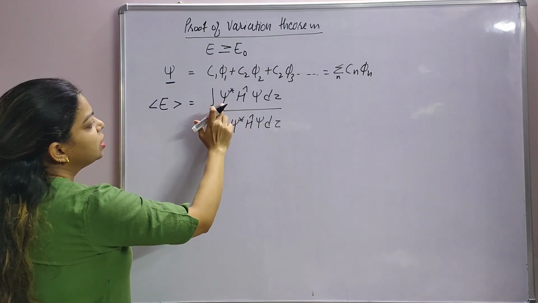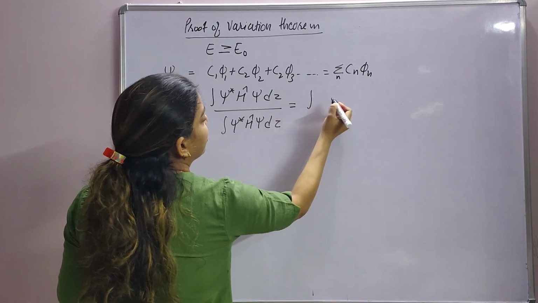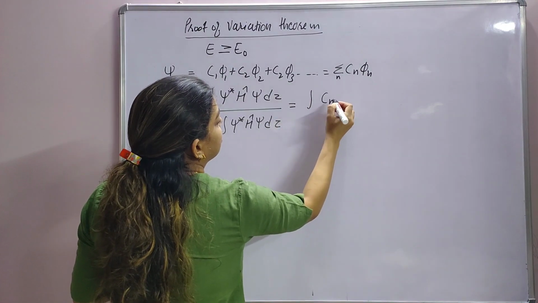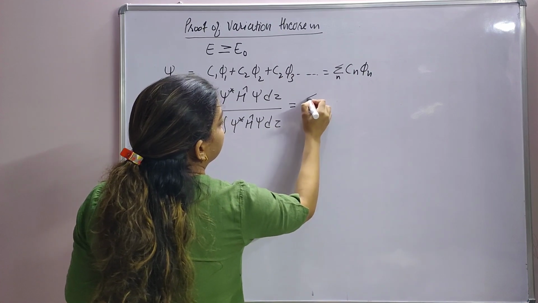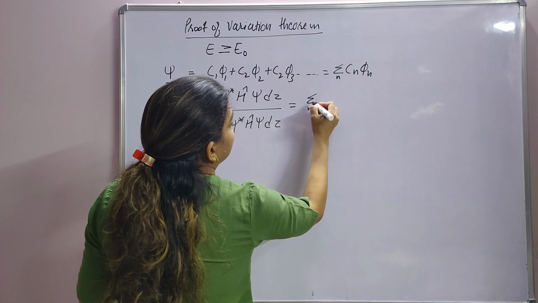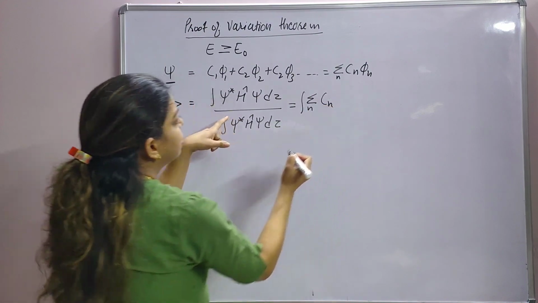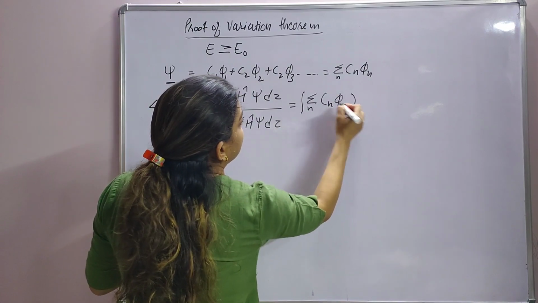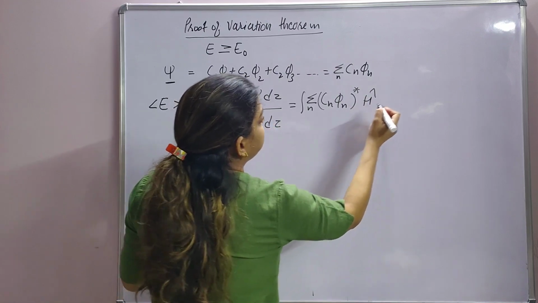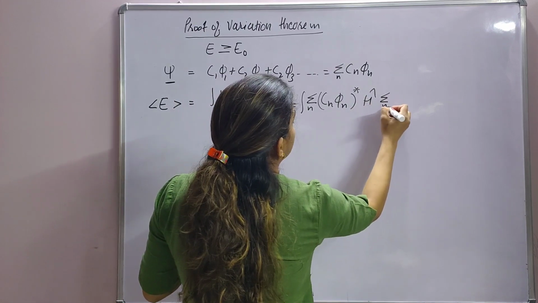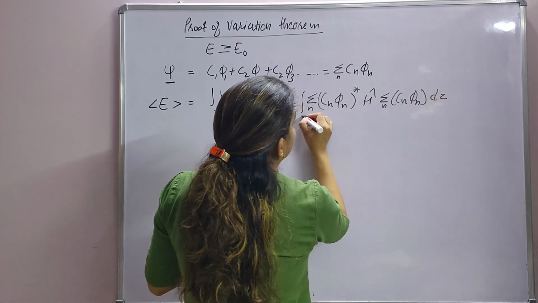So if we substitute the value of psi and psi star, I can write it like this: the numerator is the integral of the sum over n of Cn phi n star, Hamiltonian, and the sum over n of Cn phi n, d tau.